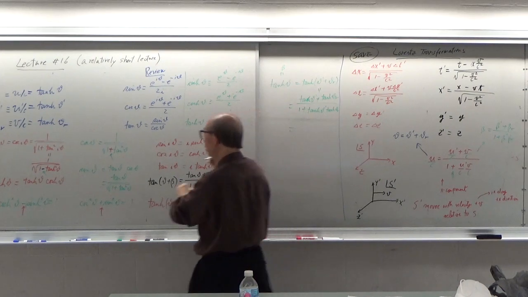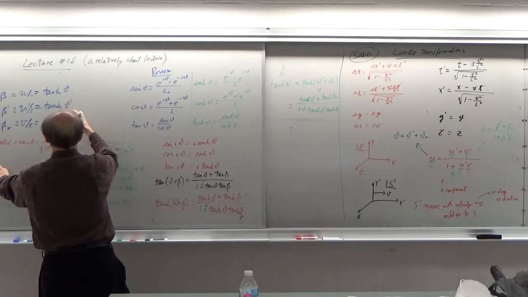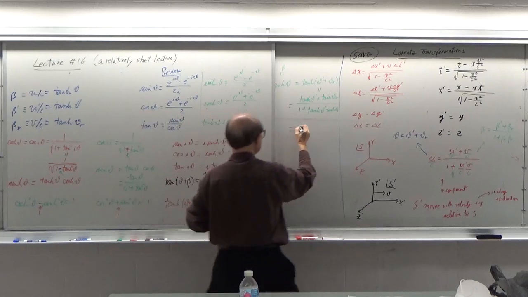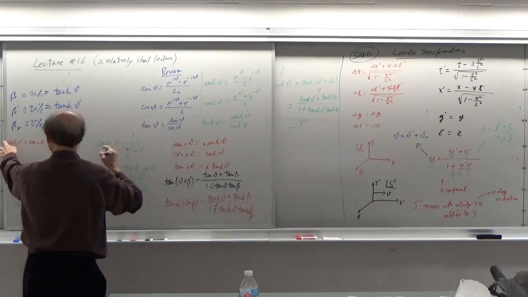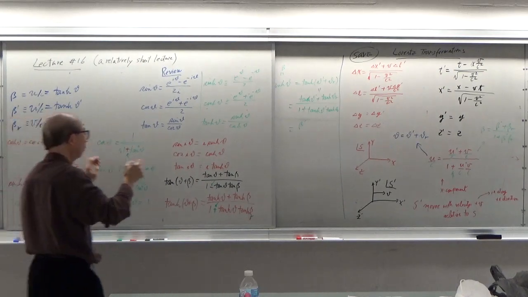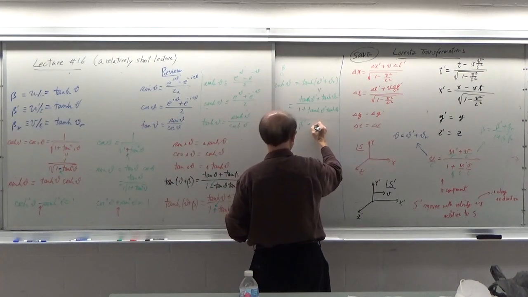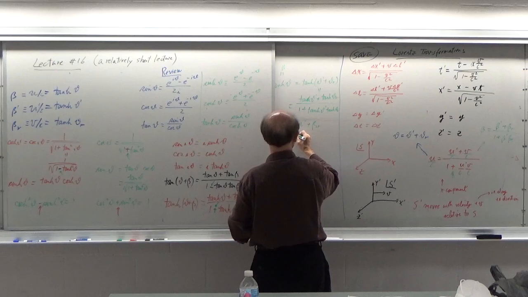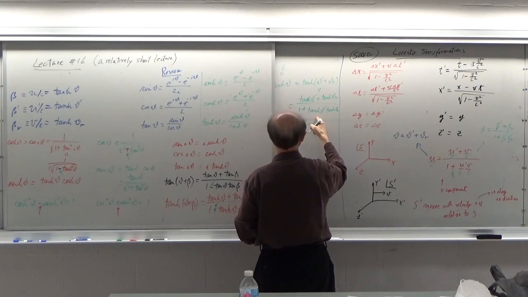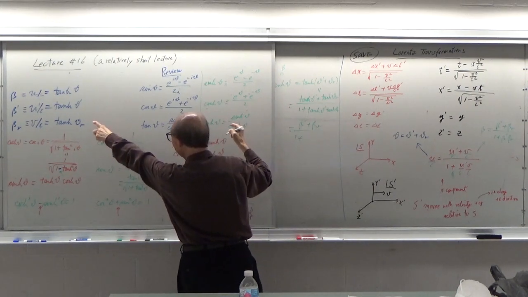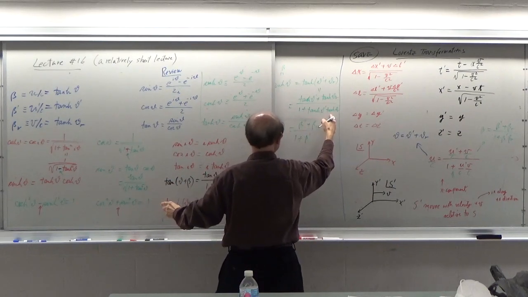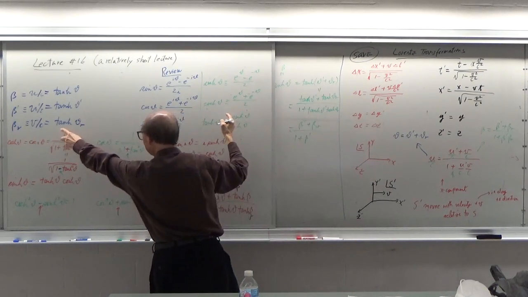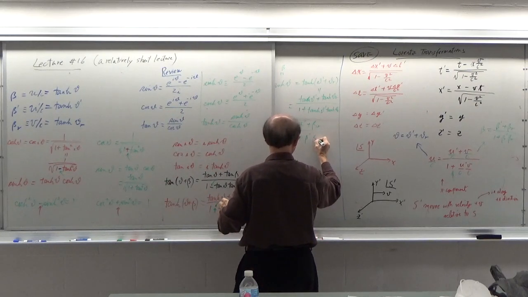Tangent theta prime is beta prime. Tangent theta r is beta sub r. Then 1 plus tangent theta prime is beta prime, and tangent theta sub r is beta sub r.